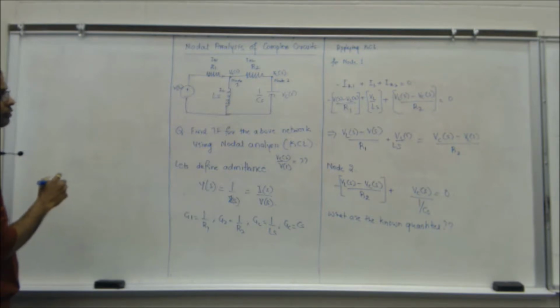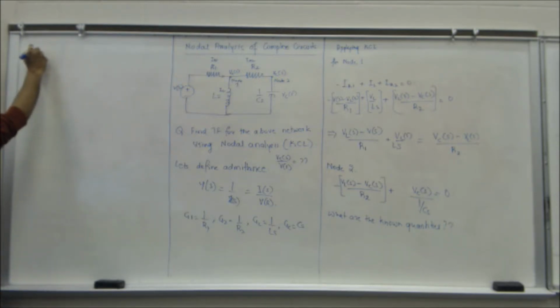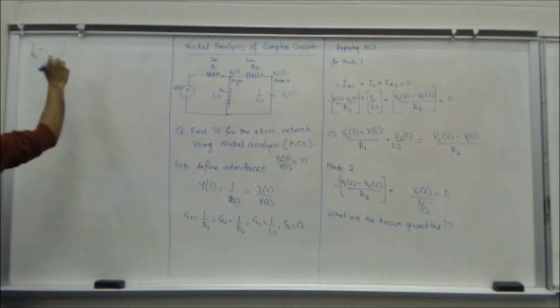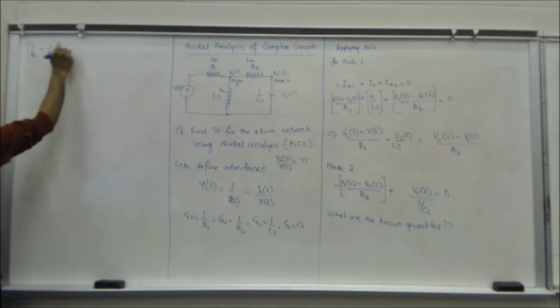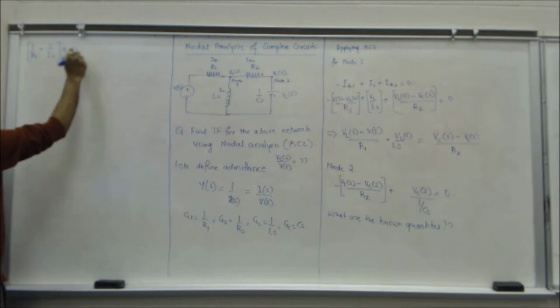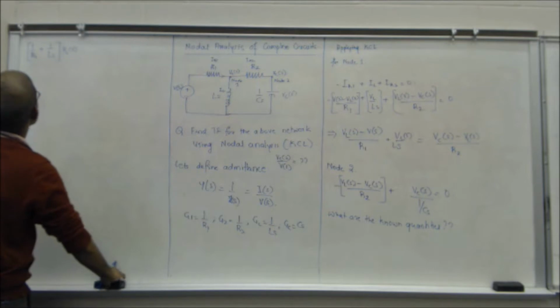So you have 1 over R1 plus 1 over L S, into VL of S. You have R2 as well, actually.